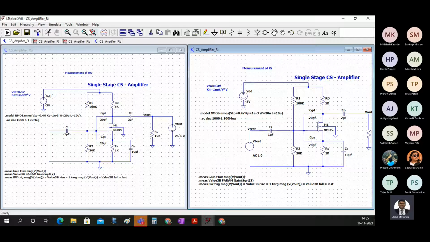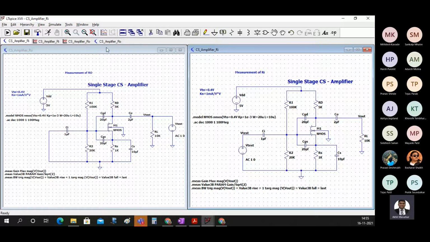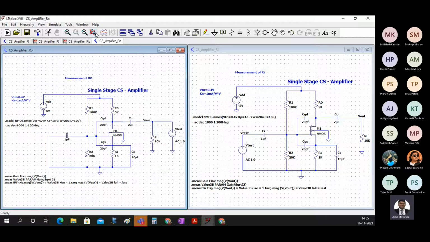Obviously, when the test voltage is connected on the output side, that would be the circuit for measurement of RO.